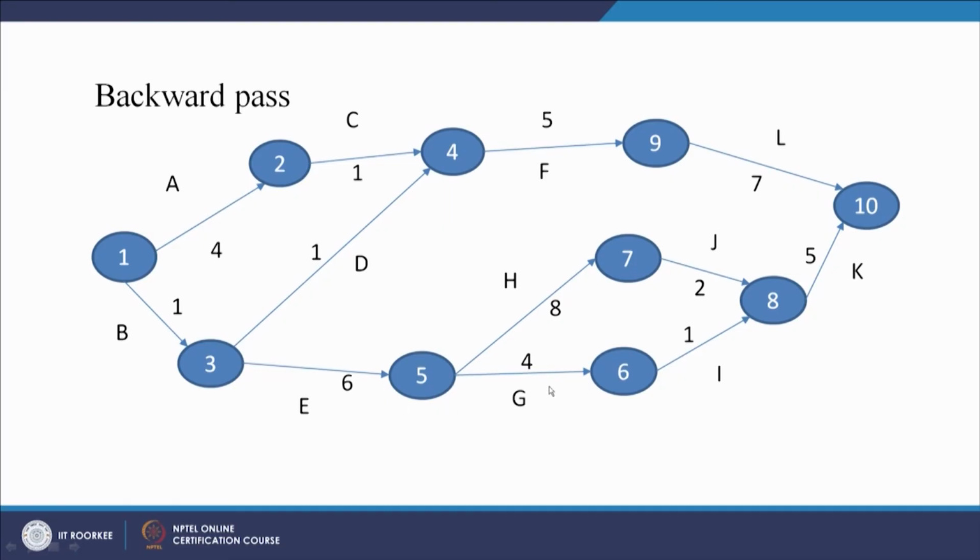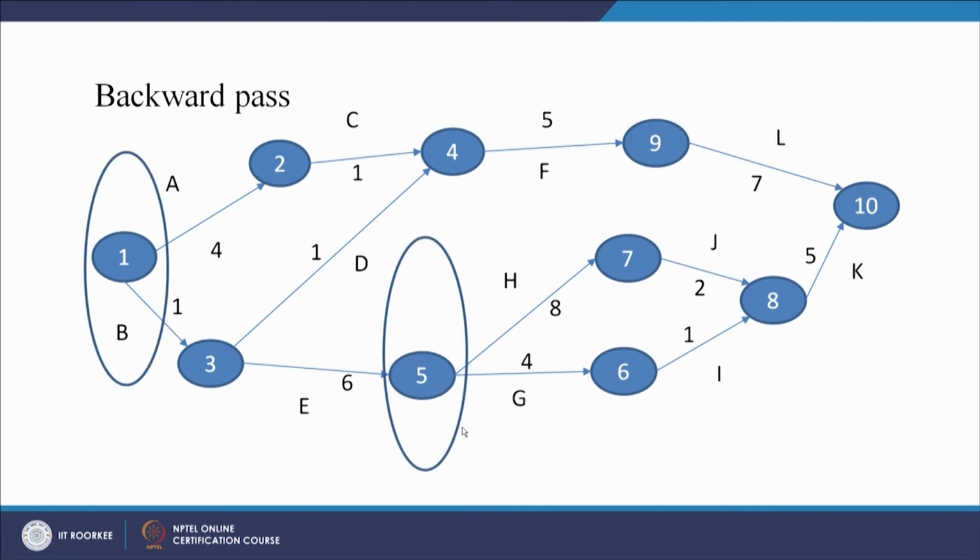And let us take two examples here. At 5 we have to take a decision because here 2 paths are closing down. Similarly at 1 also 2 different paths are coming, so we have to take a decision. So let us take an example of 5. I will start my calculation from here. 22 minus 5, 17.